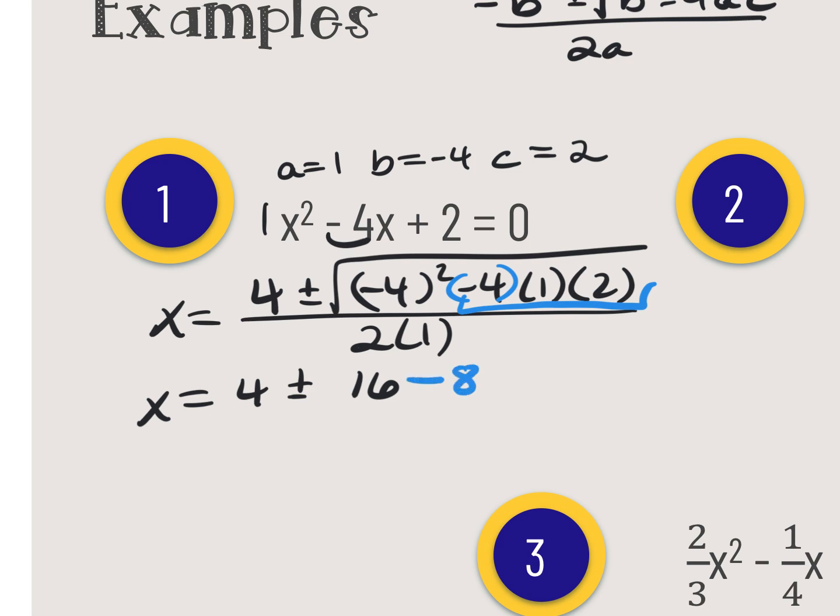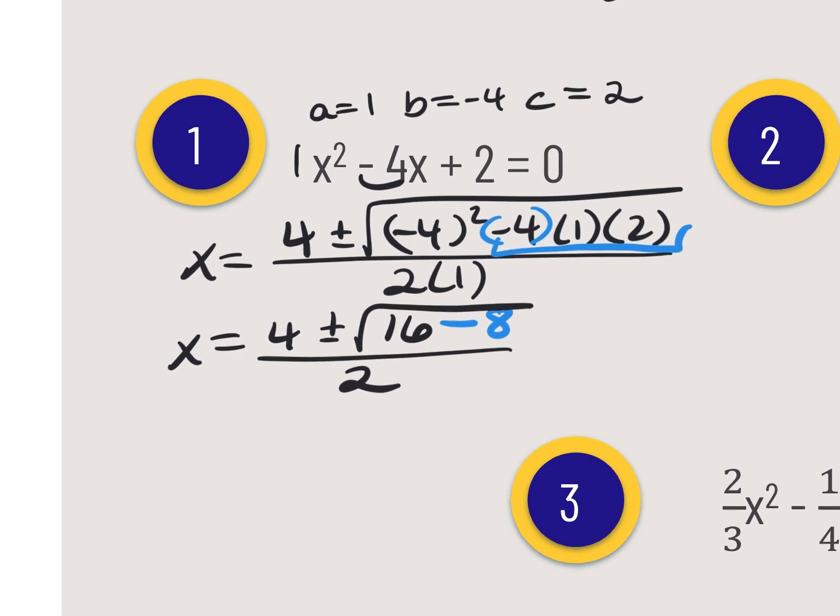And then it's under the radical, divided by 2 times 1, which is 2. Do not try to simplify the fraction until after you break down the radical. So I'm going to simplify what's under the radical. 16 minus 8 is 8. Again, do not simplify the 4 and the 2 yet.